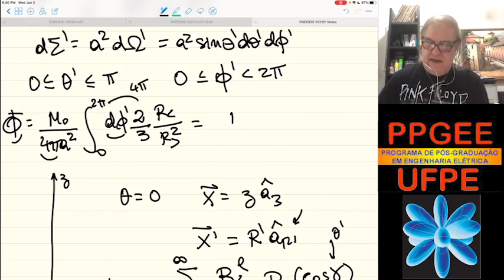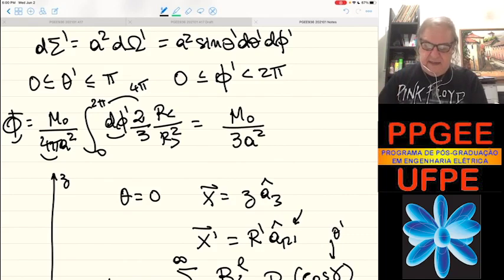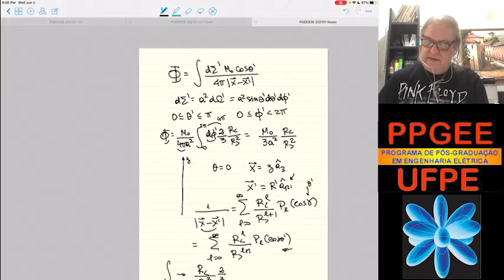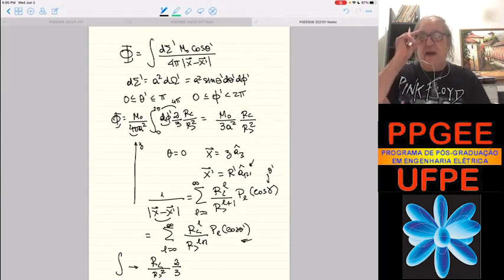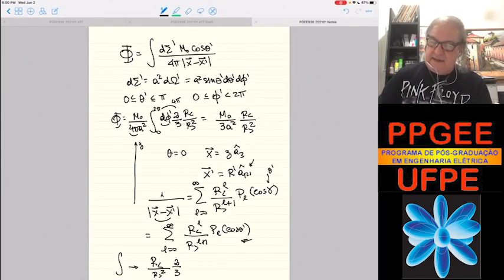Cancels that one. It's going to be m0 divided by 3 a squared, if I'm not mistaken. m0, 2 pi, 4 pi over 3, yes. So 3 squared, r smaller divided by r larger squared. So that's the potential anywhere on the z-axis.